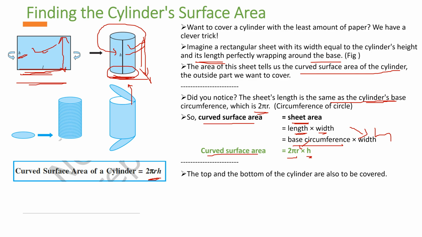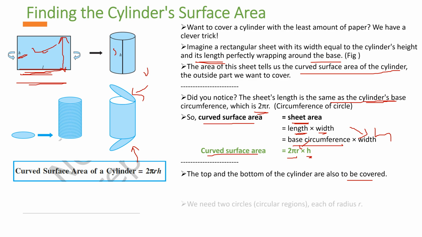Okay, now let's go one step ahead. Let's see this cylinder, but we need to close the upper and lower surfaces, correct? This surface and this surface. Of course, top and bottom of the cylinder have to be closed, covered.